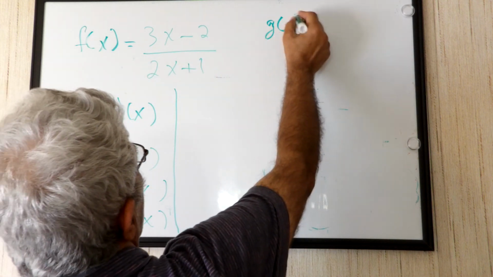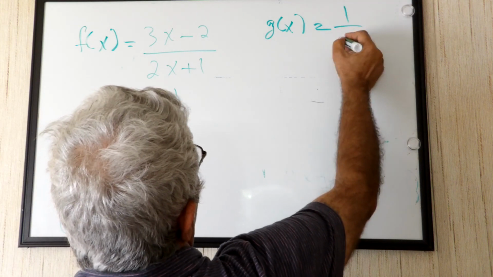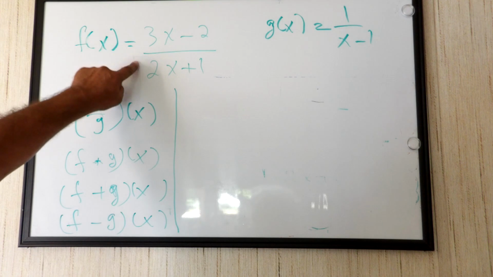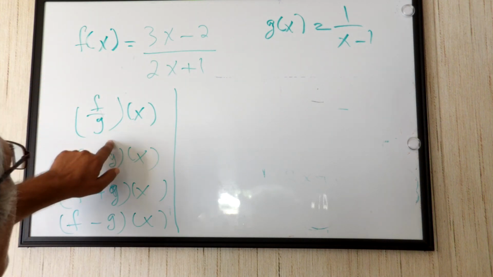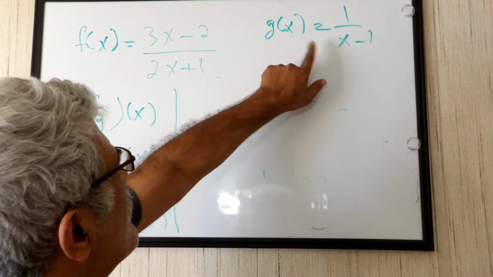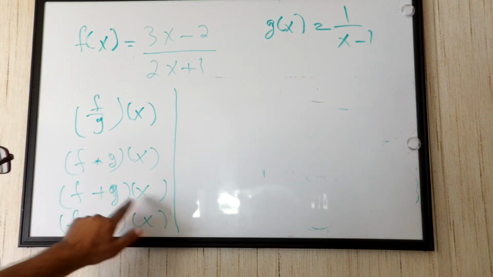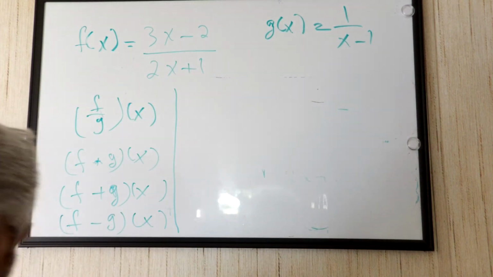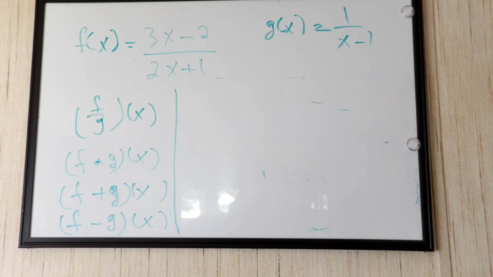You have g of x equal to 1 over x minus 1. You just divide this one by this one, and multiply f of x times this one for multiplication, and then addition, this one plus this one. So that's a difference here.